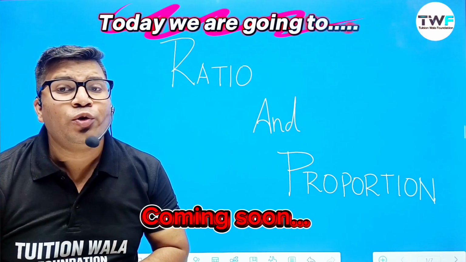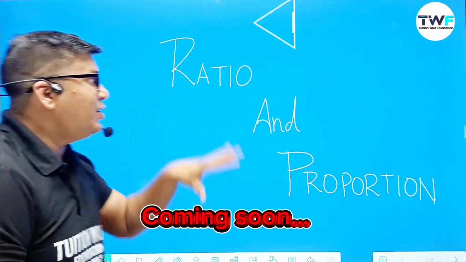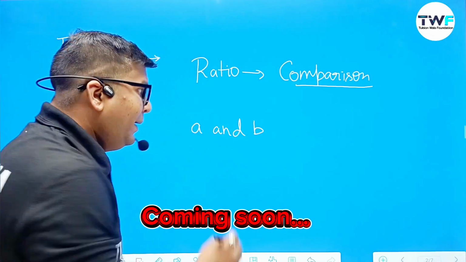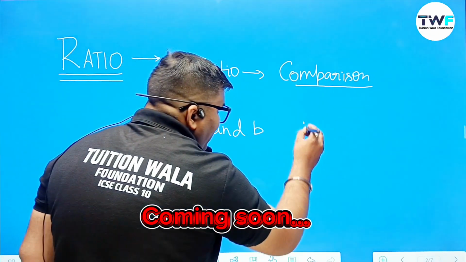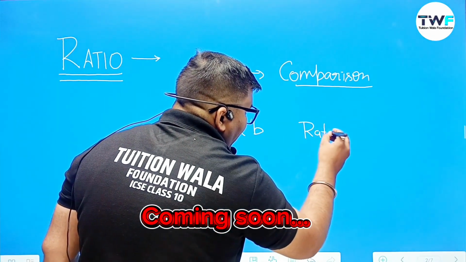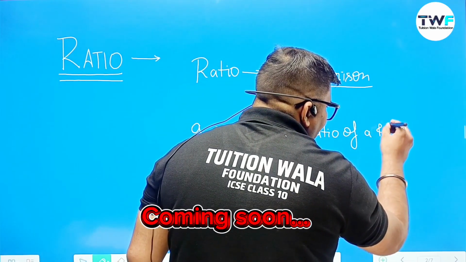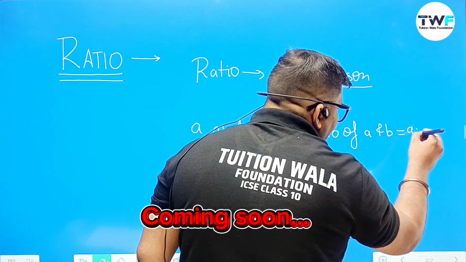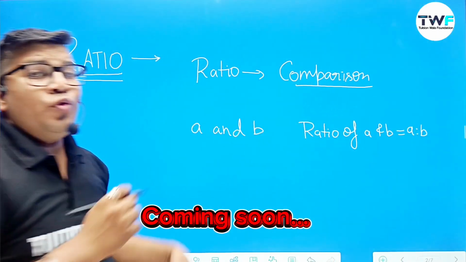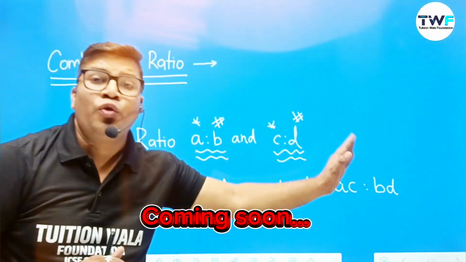Today we are going to start a new chapter, that is ratio and proportion. Then what will be the ratio of A and B? Compare means ratio, and ratio of A and B equals A ratio B. So we can compare AC ratio BD.